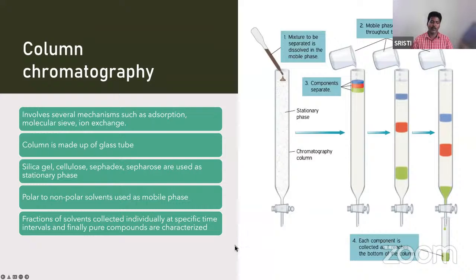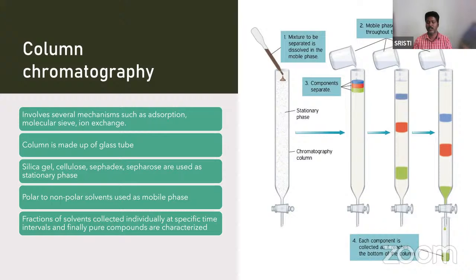The next one is column chromatography. This involves several mechanisms like adsorption, molecular sieve, or ion exchange. The column is generally made of a glass tube, and the stationary phase material is usually silica gel, Sepharose, or similar. There are different types of molecules that are used, with different bead sizes.